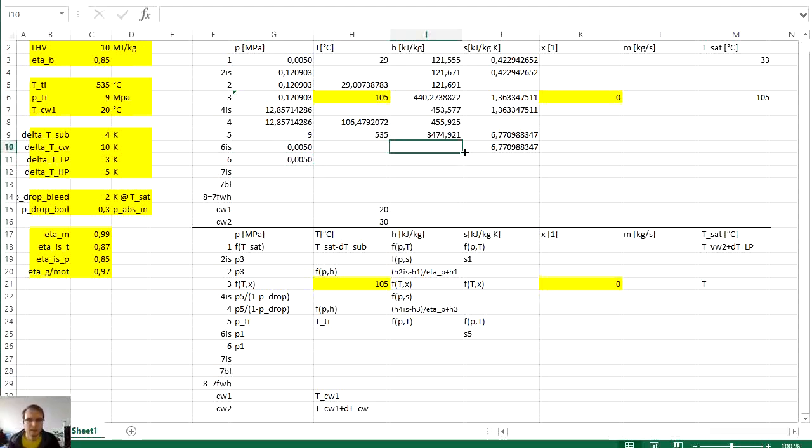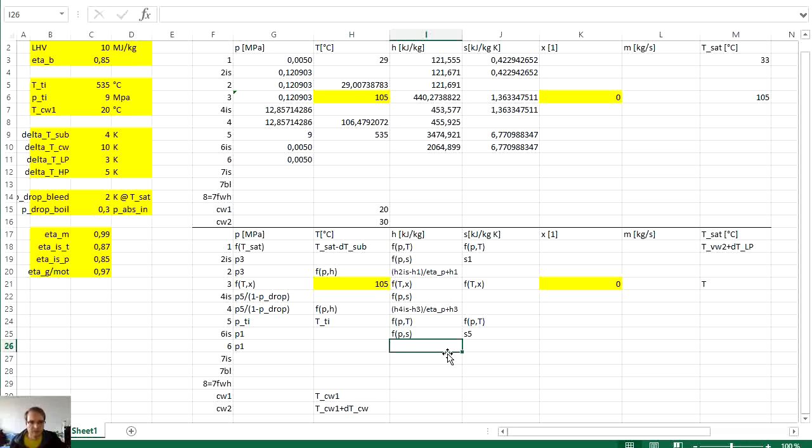Now for the isentropic expansion, we can use the same function as for isentropic compression at the pump, which is here, the function of pressure and entropy.